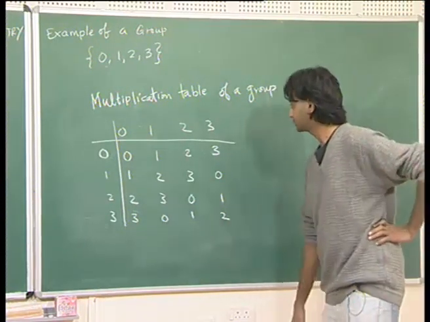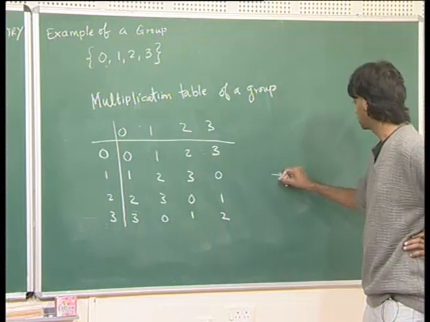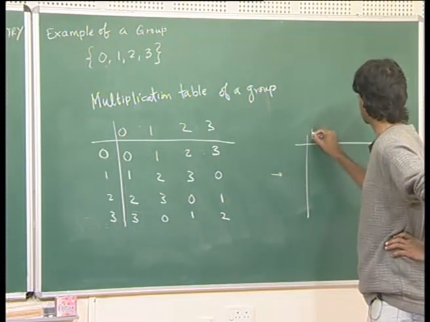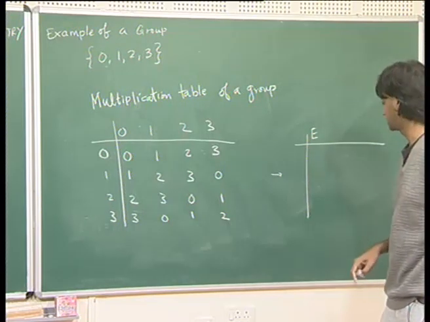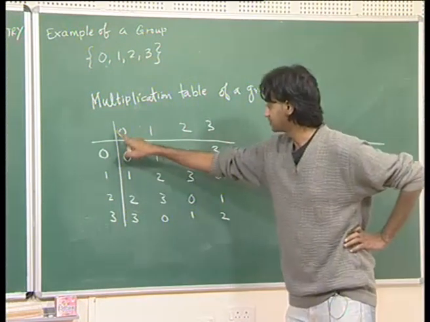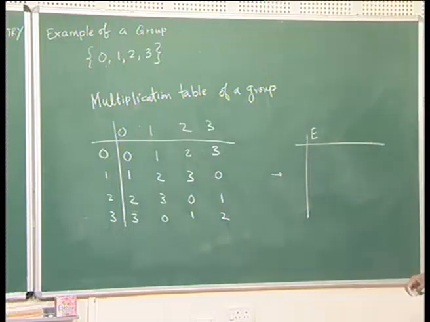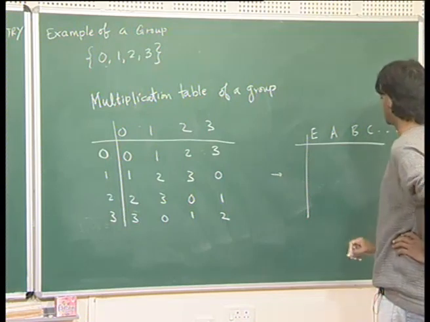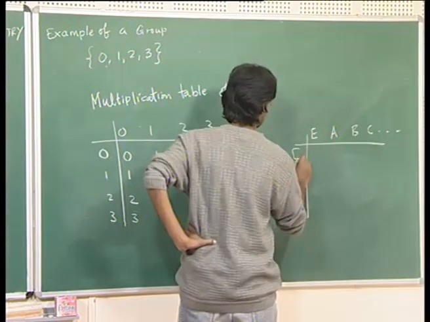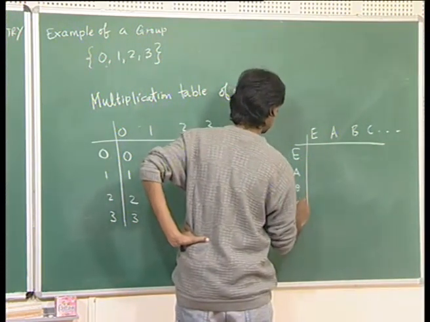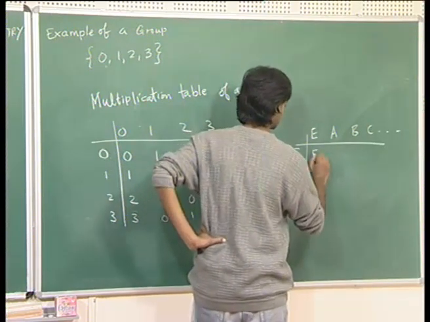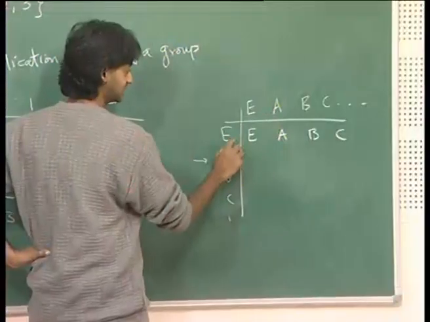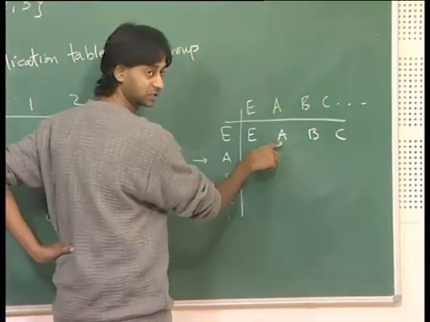So all groups have the following characteristics in their multiplication table. If I represent the identity by E, and I have various elements A, B, C, and so on, then here also I'll have E, A, B, C, and so on. This row will just be E dot E, then E dot A, which has to be A because E is the identity.